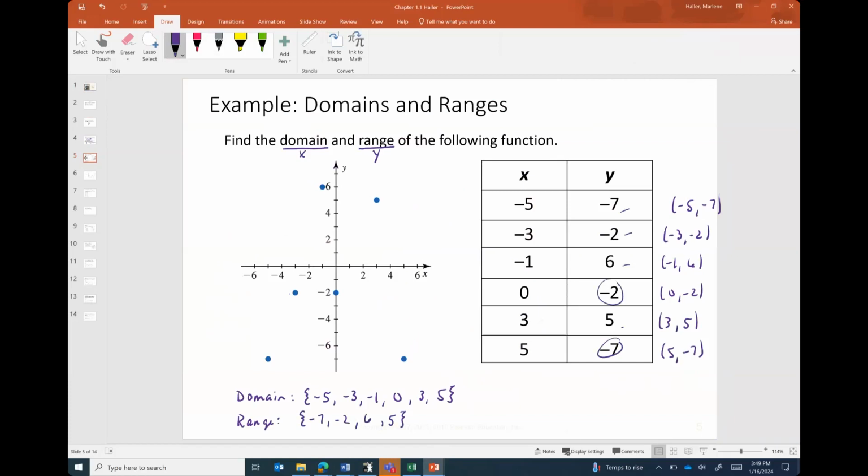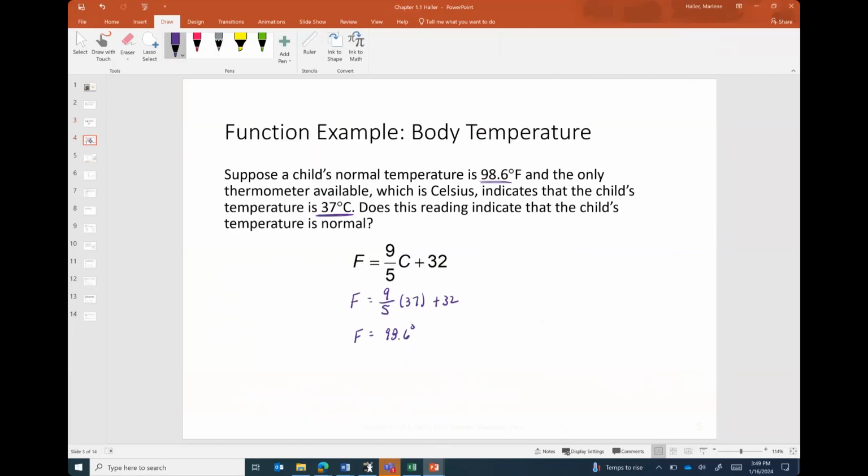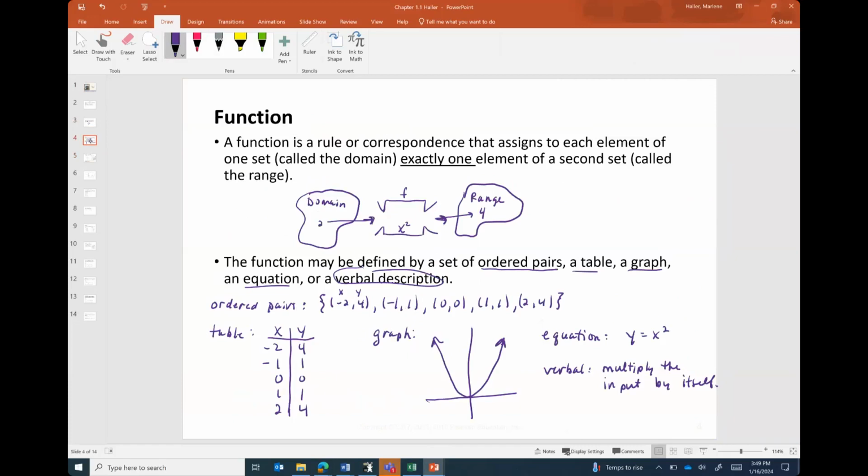All right, now let's pause here for a minute. Let's go back and look at the definition for the function. The definition had an interesting phrase in it. It said it's a rule of correspondence, but look at this phrase here, "exactly one." This phrase is very important.